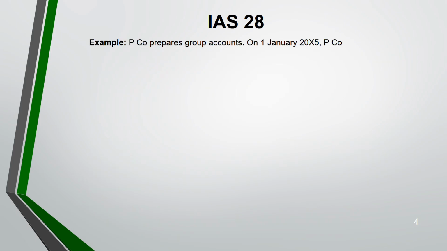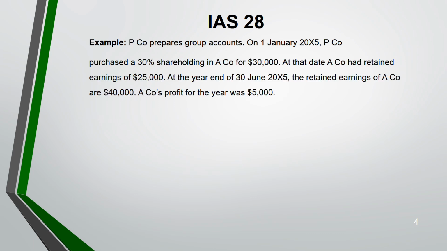Now, let us understand how we use equity accounting through this example. So, P company is preparing group accounts on 1st Jan. They have purchased a 30% shareholding in A for 30,000. So, what is the cost? Cost is 30,000. Retained earnings in the beginning was 25,000, but at the end it's 40,000. So, you have to see how much your retained earnings increased, and you have to take 30% of that.